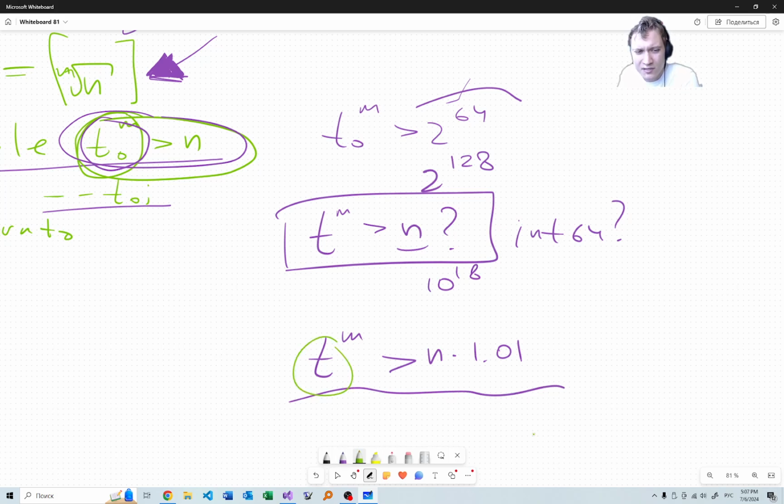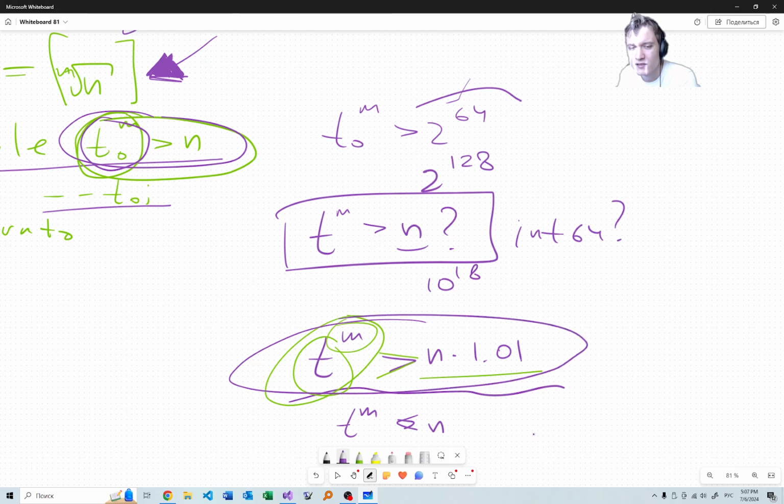I use double t, double m, I calculate this power, and I compare it with this number. So if this is approximately true, then definitely, not approximately, but exactly, it is greater than n. Because if it is smaller than n, then in doubles you would get that this is false.